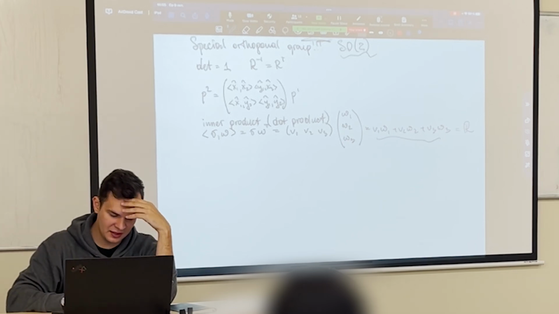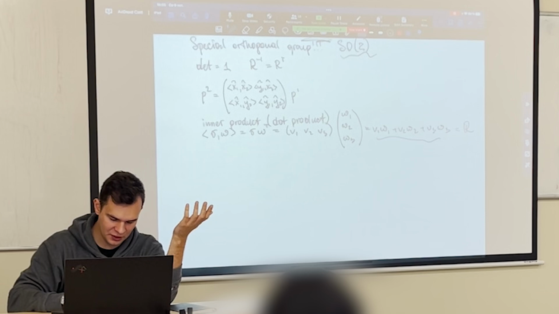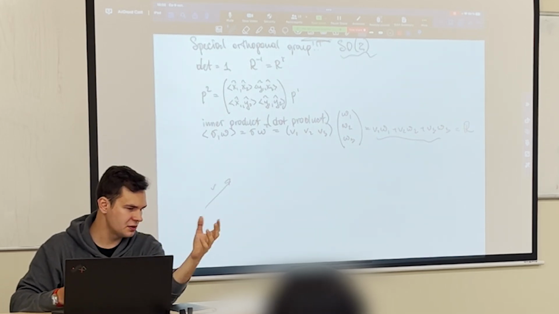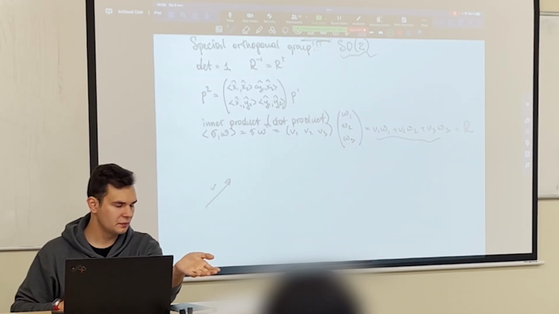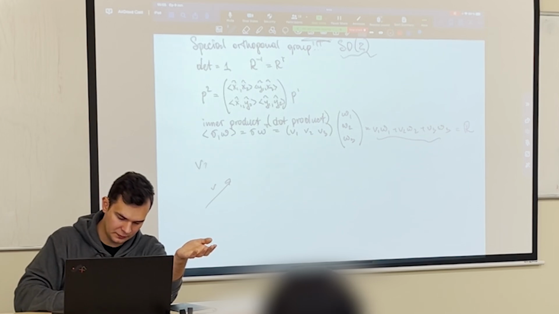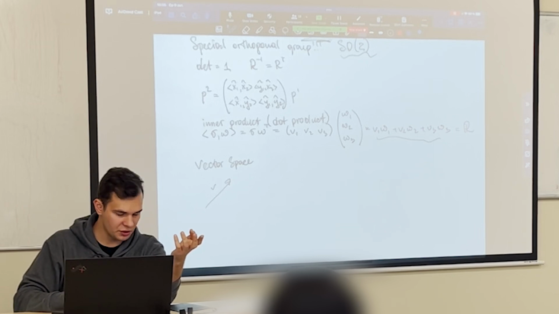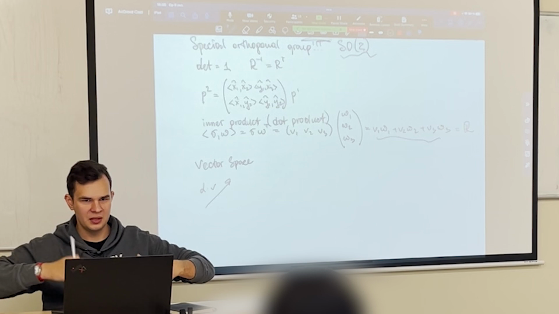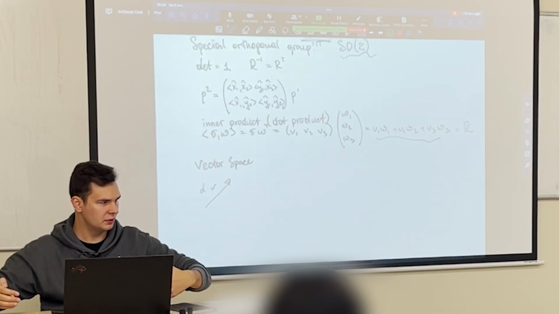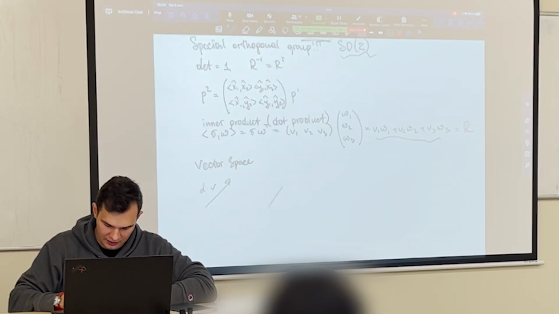A vector is like an arrow, a bunch of numbers. You can multiply it by a scalar, which means you scale the vector, and you can sum vectors.